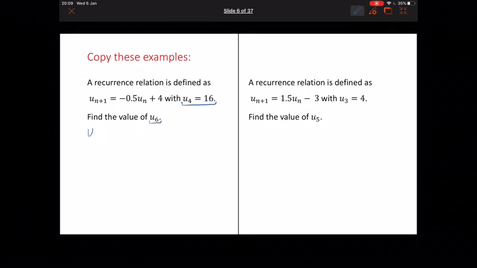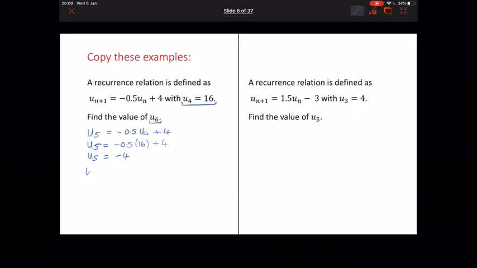The first one we'll need to find is u5, and u5 will be equal to −0.5 times u4 plus 4. So u5 equals −0.5 times 16 plus 4, which comes out as −4.